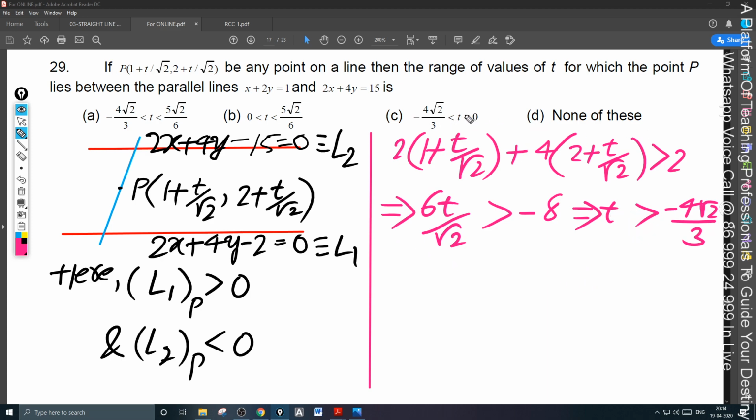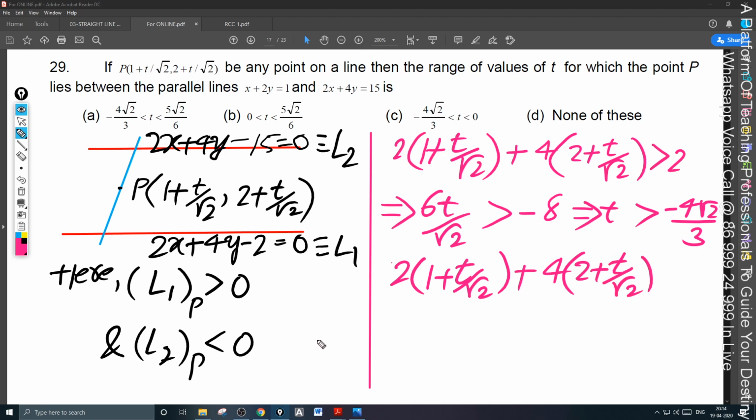And here also you have the same option, so you have to go for the other one also. What is the other one here? 2 into (1 plus t by root 2) plus 4 into (2 plus t by root 2) should be less than 0 here, that means less than 15.